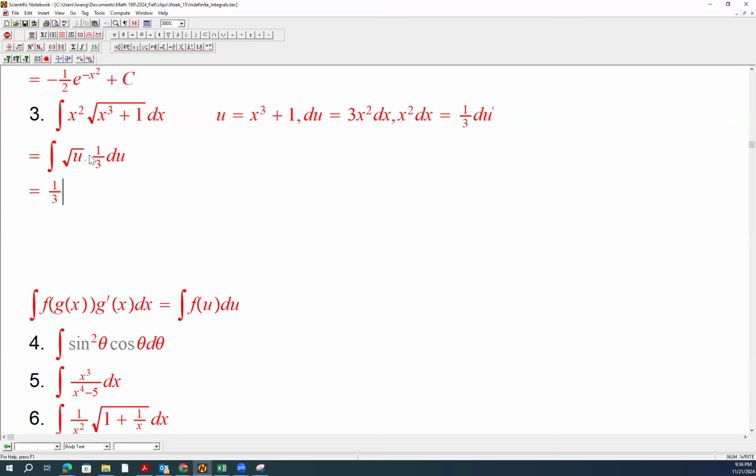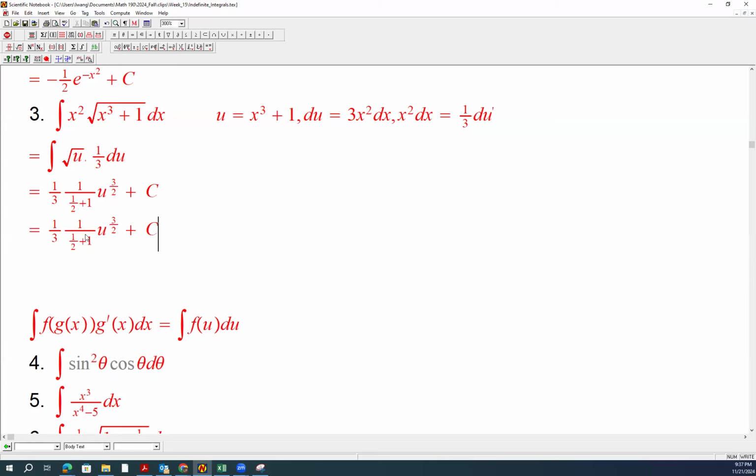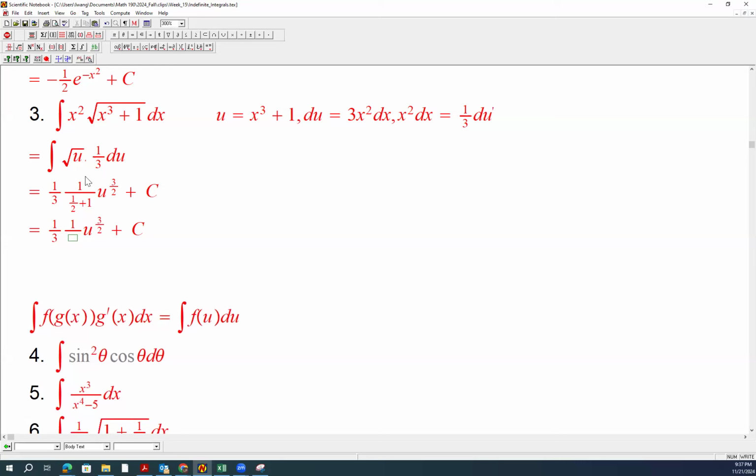Then you'll be working on the antiderivative of square root of u, and that's going to be 1 over, you probably know this very well, plus 1, u raised to the power of 3/2, and of course, plus a big constant. Next, we're going to simplify this, and that's going to be 3/2.